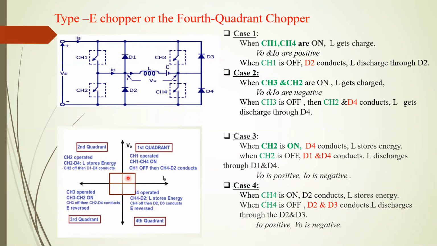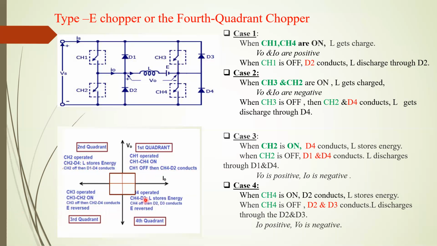So this is the VI graph we can obtain. In the first quadrant, CH1 is operated, then CH4 and D2 conduct. In the second quadrant, CH2 is operated, CH2 and D4, and L stores energy. Then CH3 is operated, D4 conducts and E is reversed.